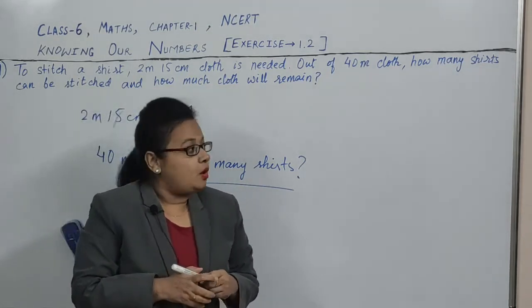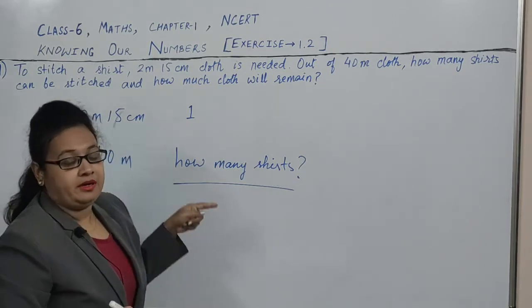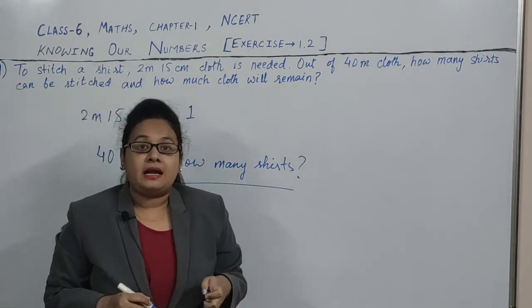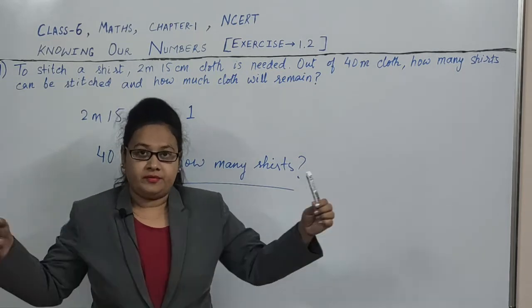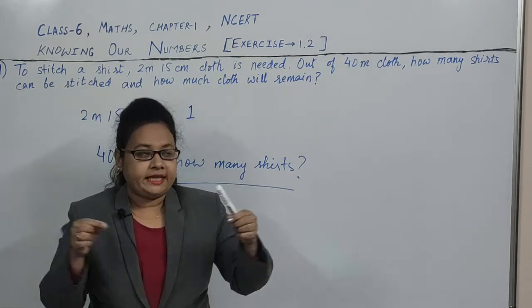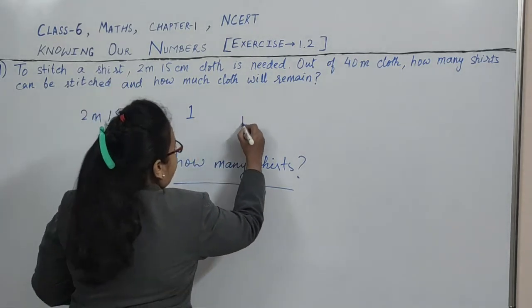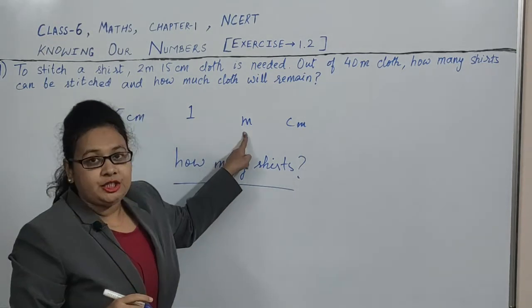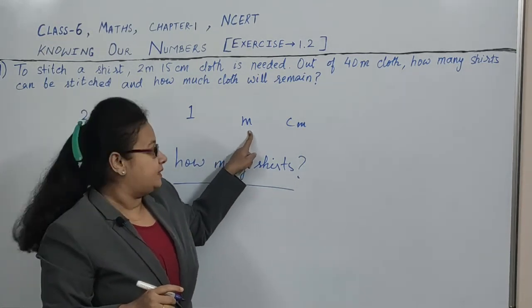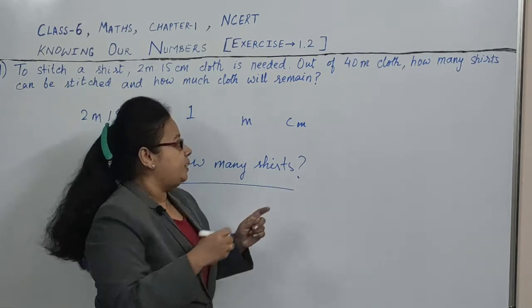So what is meter and centimeter? We have learned in our previous class that these are the units to measure the length of any object. Meter is the large unit to measure length. When we have to measure large, long things, then we use meter.